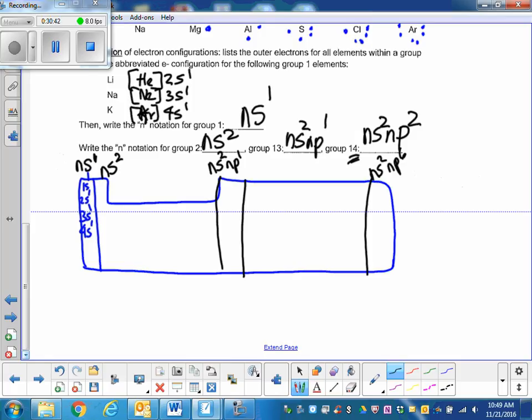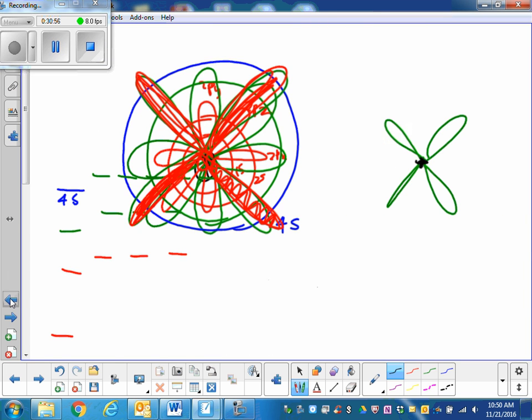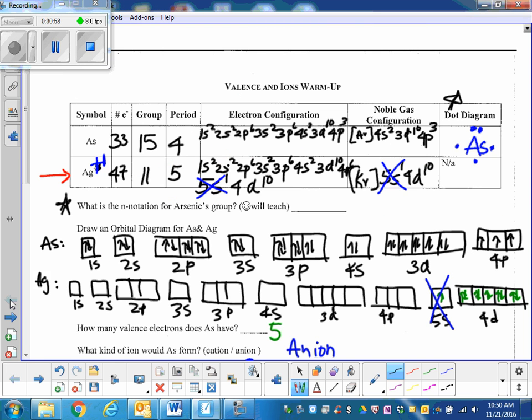Again, it is attention to detail. Please don't skip out on details. You will make mistakes. Rishali just thought group 14 was group 18. So, very likely to make mistakes. Can we go back to the warm-up? The warm-up says, what is the n notation for the arsenic group?